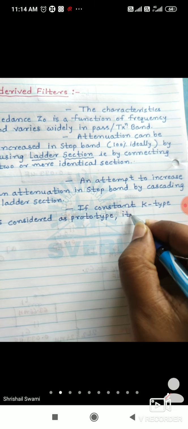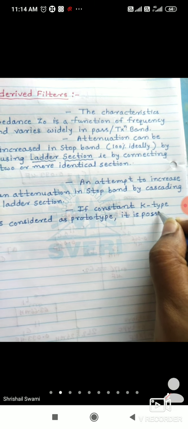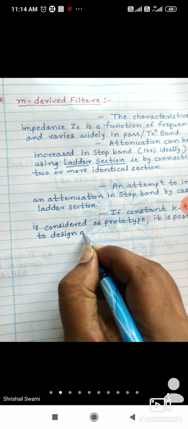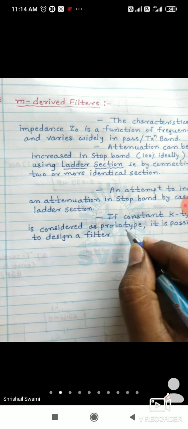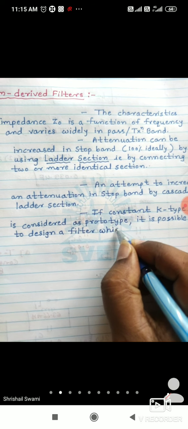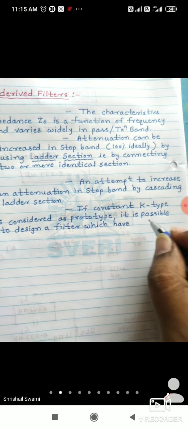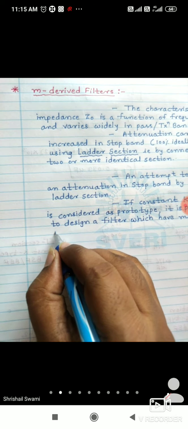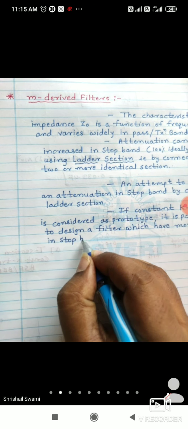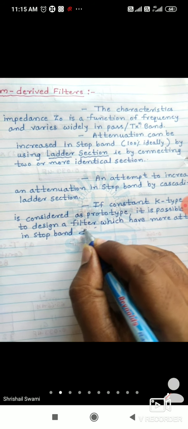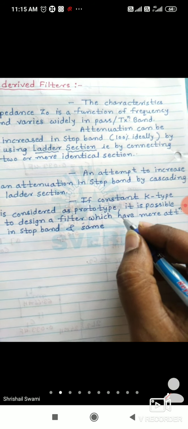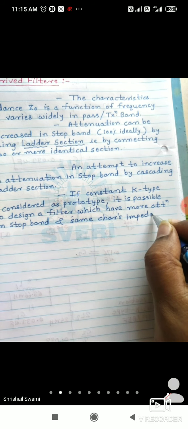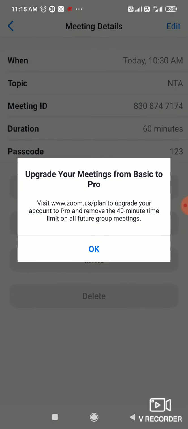It is possible to design a filter which have more attenuation in stop band and same characteristics as ideal characteristics, impedance at all frequencies.